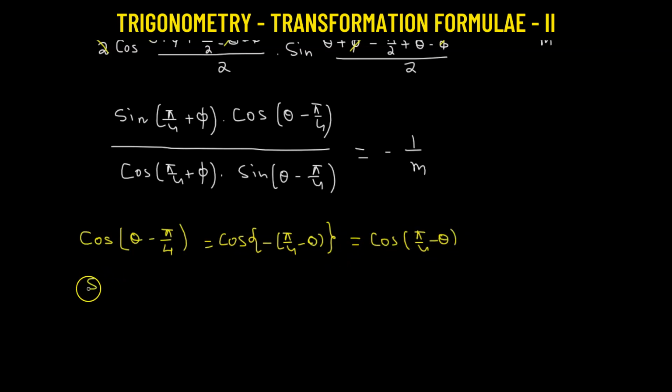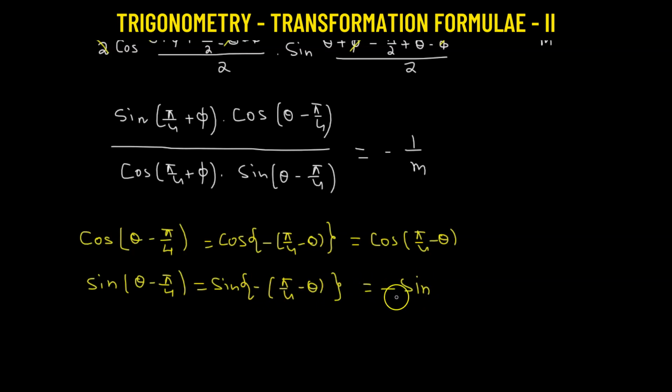We can also work around with the sine function. So sine of theta minus pi over 4 can be written as sine of negative times pi over 4 minus theta, but sine is an odd function, so we have to take care of it by multiplying with the negative. We have negative sine of pi over 4 minus theta.